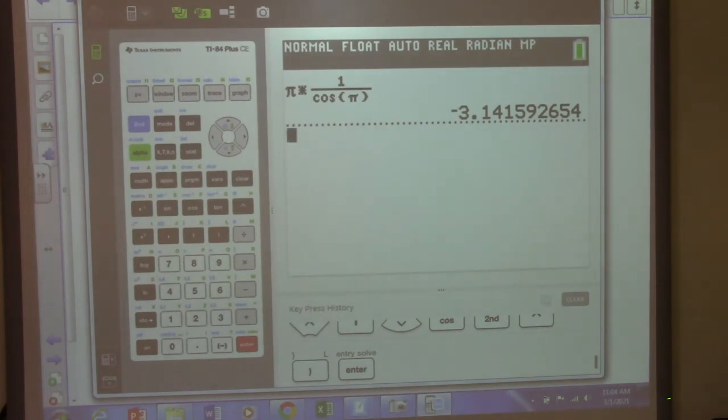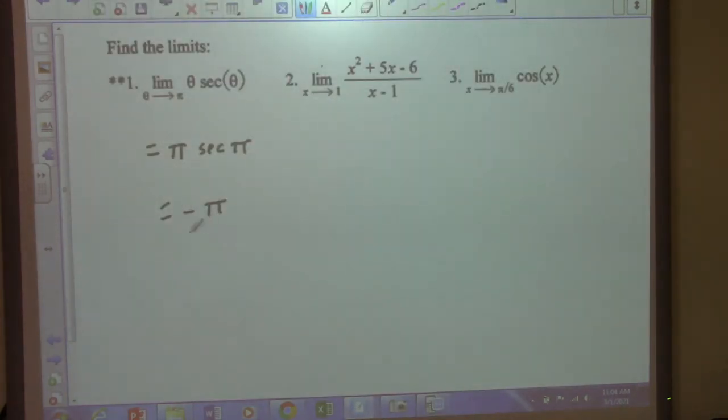Negative pi. Looks good, right? Yes. Okay. Next, problem 2.